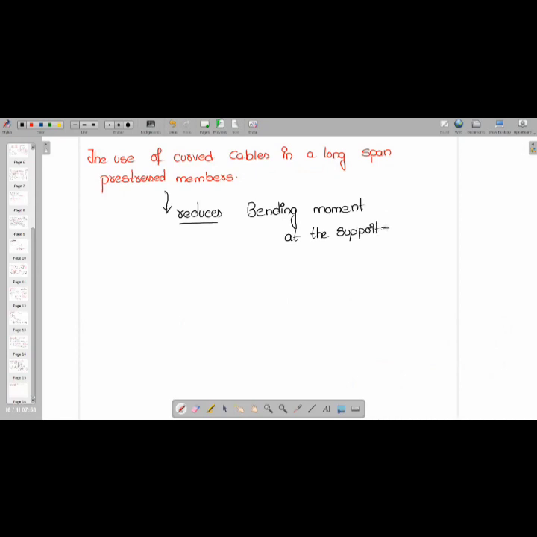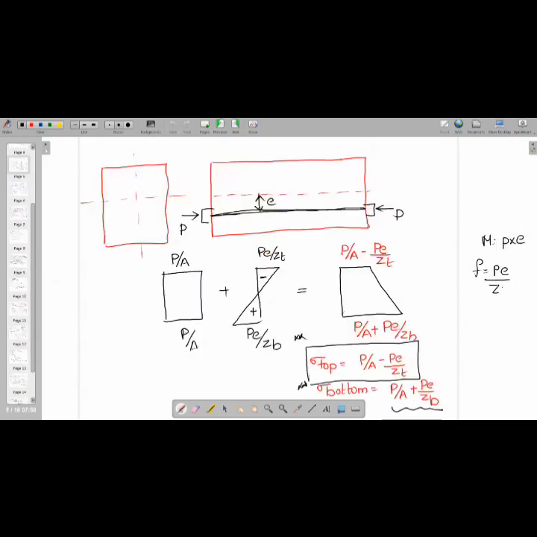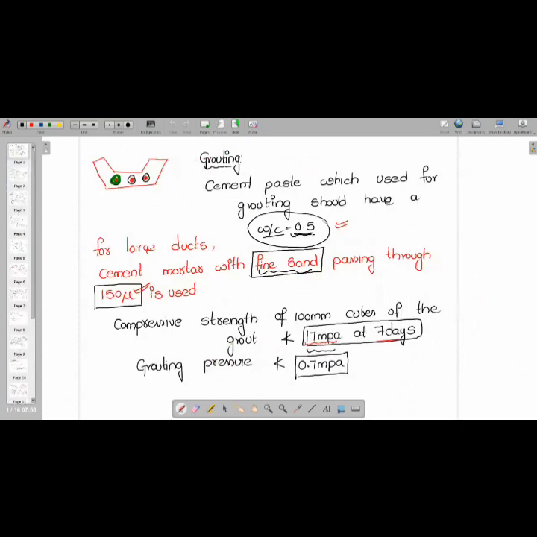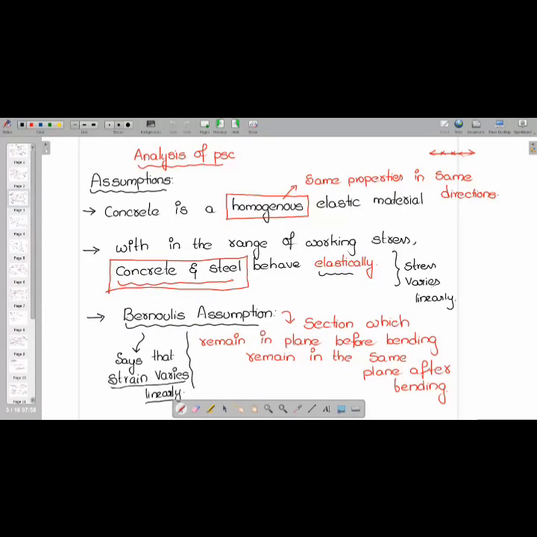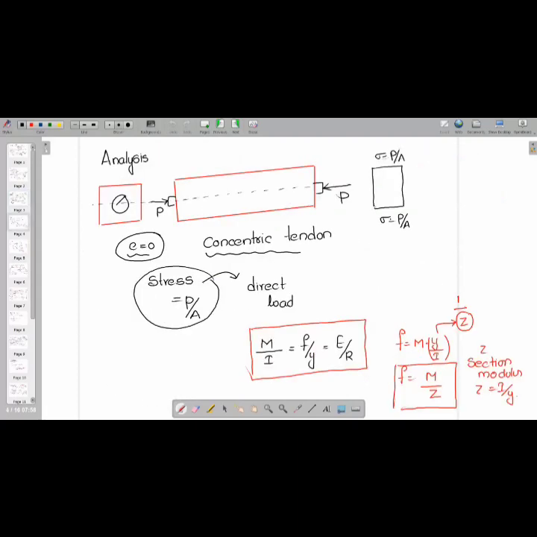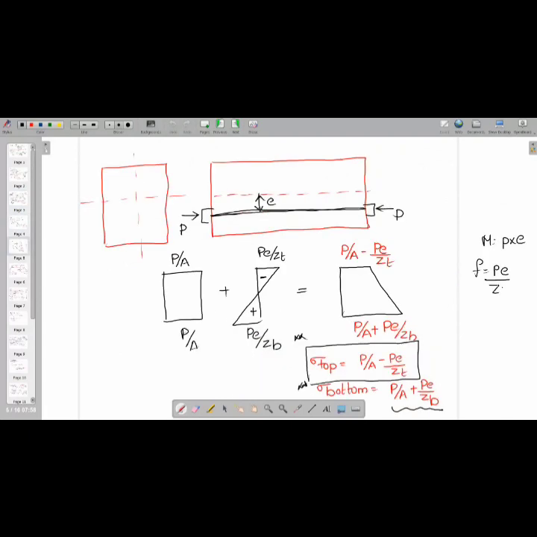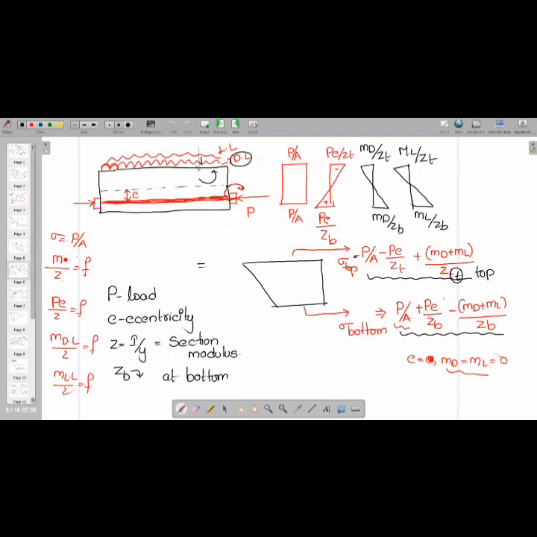So this is what we have discussed today related to the analysis. So here I'll quickly go through these things. If you talk about the analysis, concrete is a homogeneous material. Concrete and steel behave elastically. Bernoulli's assumption is valid for strain, and this is the stress due to direct load, the stress due to load and eccentricity, and the stress due to load, eccentricity, as well as moment due to dead load and live load.